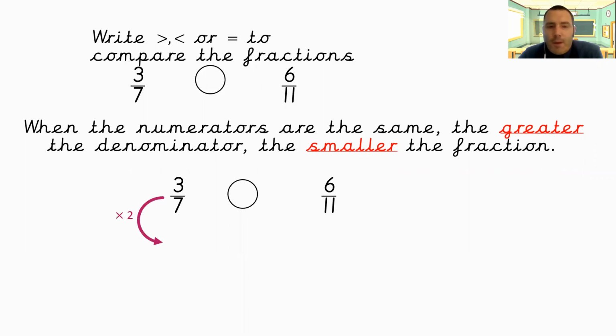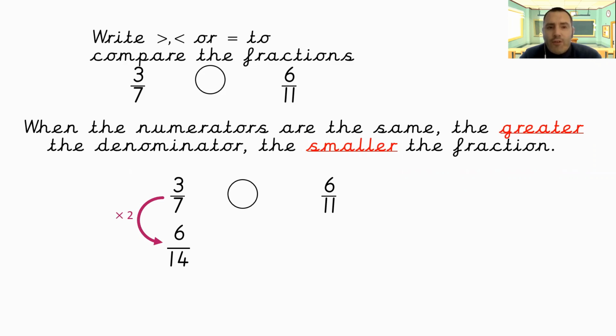I need to multiply by 2. So if I multiply my numerator and my denominator here by 2, I have equal numerators. And I can use my rule. When the numerators are the same, the greater the denominator, the smaller the fraction.